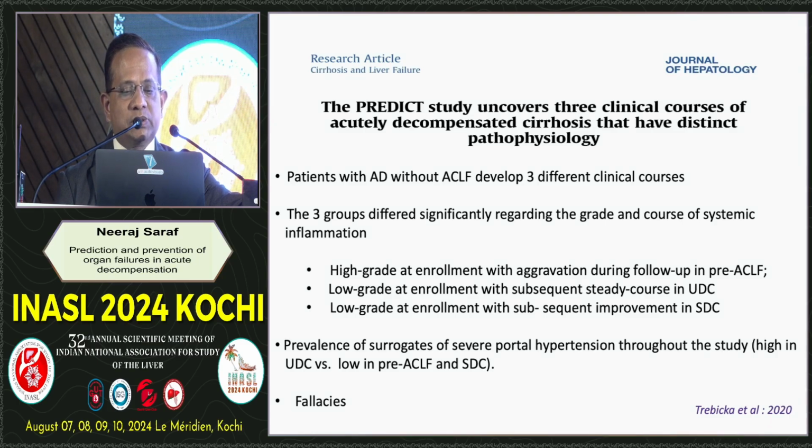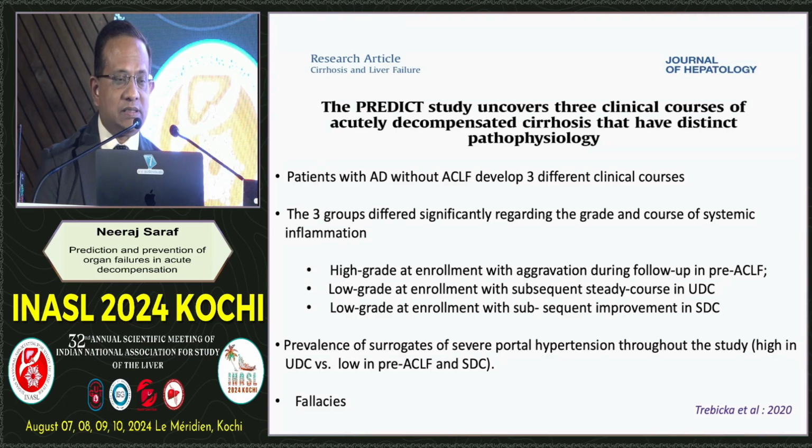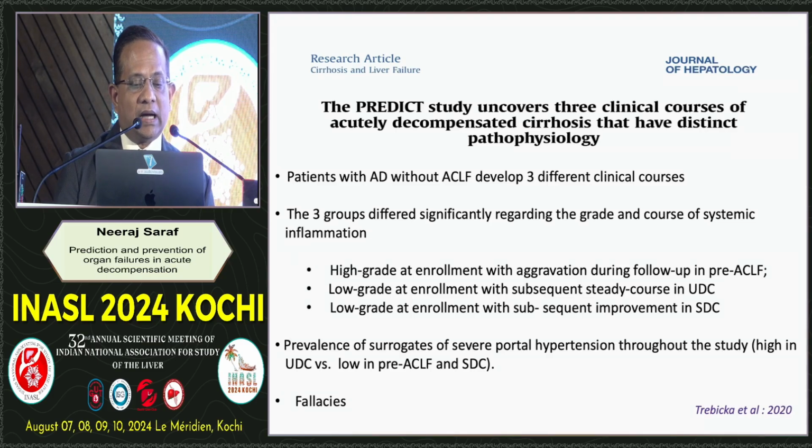The 3 groups differ significantly regarding the grade and course of systemic inflammation. So there is high grade at enrollment with aggravation during follow-up in pre-ACLF, low grade at enrollment with subsequent steady course in unstable decompensated cirrhosis, and low grade at enrollment with subsequent improvement in stable decompensated cirrhosis.